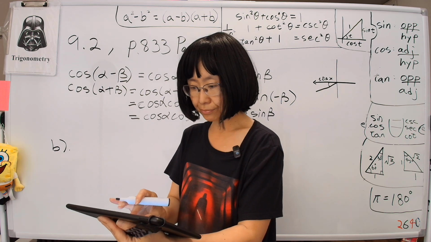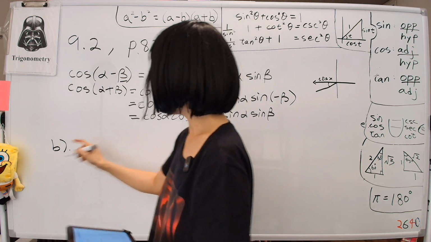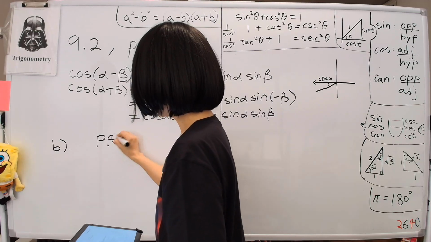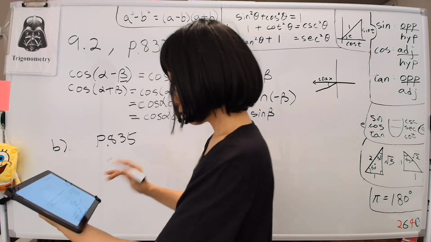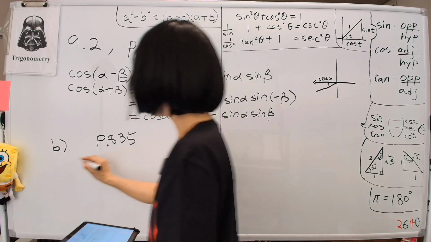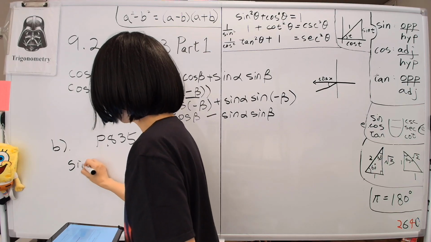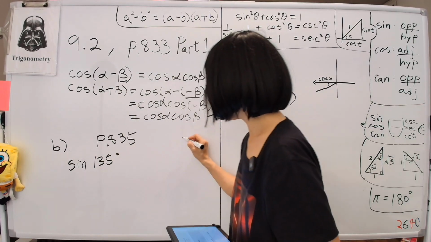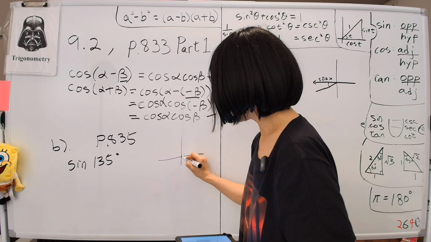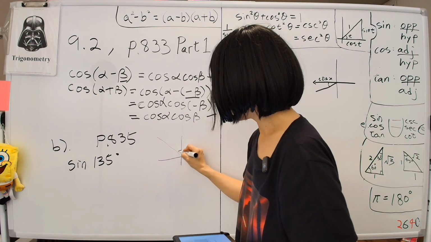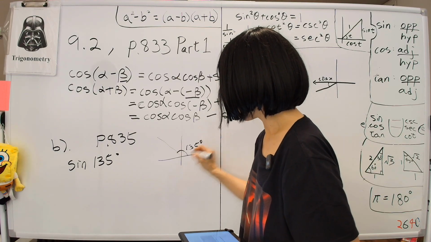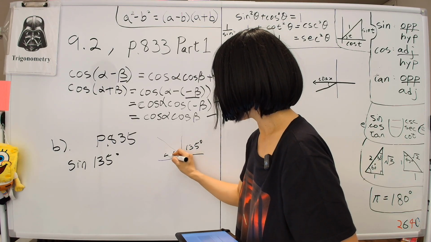So let's look at part B on page 835, where we have to calculate sine of 135 degrees. Now, 135 degrees means this thing right here, where this is 135, and then 180 minus 135 gives you 45 degrees.